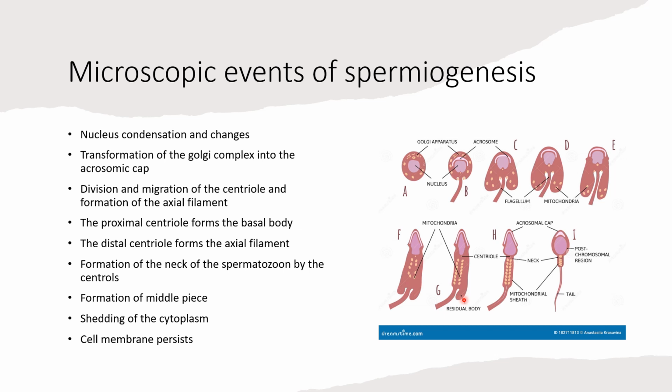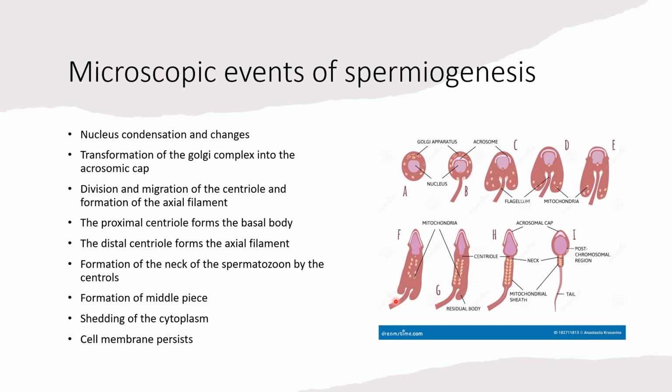Remember, the spermatid is rounded in shape, and at this point the excess cytoplasm will be shed off. As it's being shed, it is part of the shaping. Remember, I talked about nucleus condensation and changes in shape, changes in orientation and organelle organization.